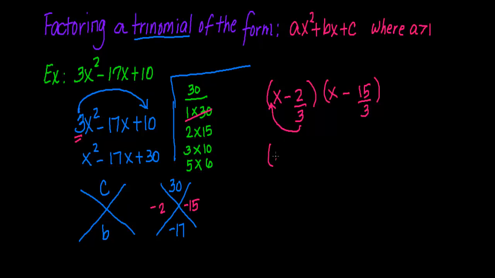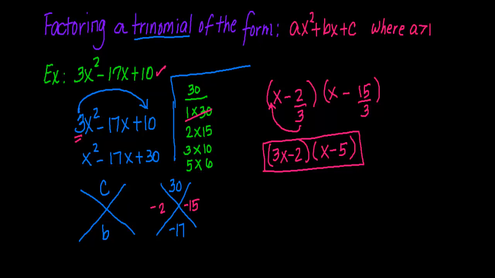So this becomes 3x minus 2, and you keep the numerator. There you have it. And then with the other factor, since I can reduce this to an integer, it's x minus 5. And now we're done factoring. This would be the answer to factoring this expression.